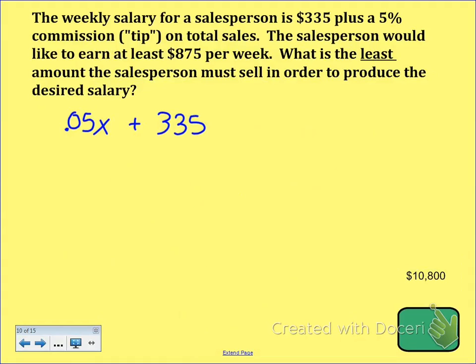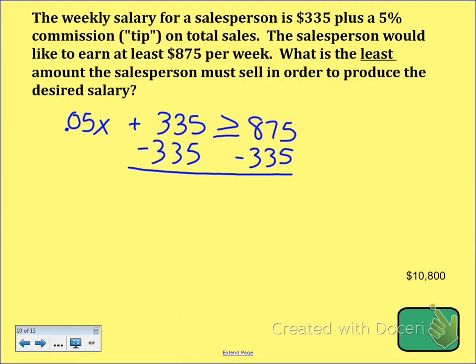So if we want to make at least $875, that means we could make more than that, so it's going to be greater than or equal to 875. And now we solve the inequality. You're going to subtract 335 from both sides. So we get 0.05x greater than or equal to 540.